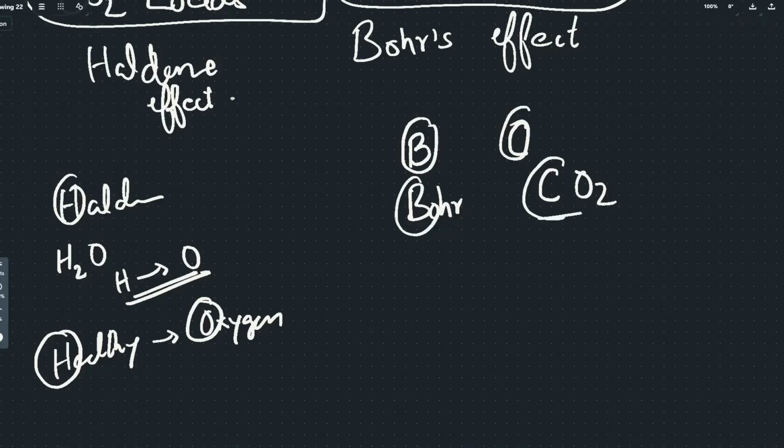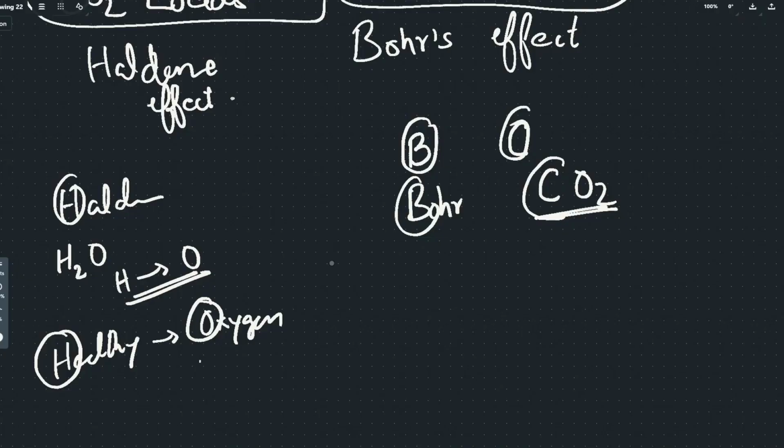So if CO2 is causing something with hemoglobin, if CO2 is more, oxygen will release. If CO2 is less, oxygen will be loaded. Similarly, if oxygen is low, CO2 will be loaded. If oxygen is high, then I think I messed it up. So if oxygen is high, oxygen will be loaded and CO2 will be unloaded, and vice versa. I hope you get the concept by now.